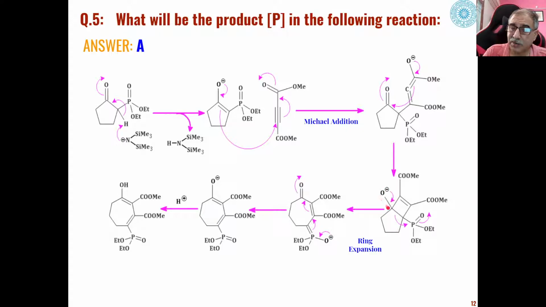This will create a carbon oxygen double bond, and this carbon carbon bond will break, and ring expansion will take place to convert this 4 membered and 5 membered ring into a 7 membered alpha beta unsaturated ketone group.